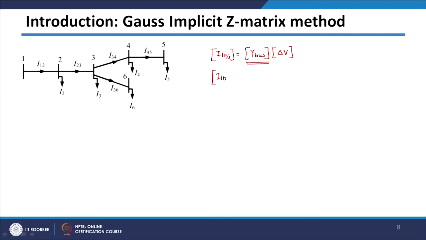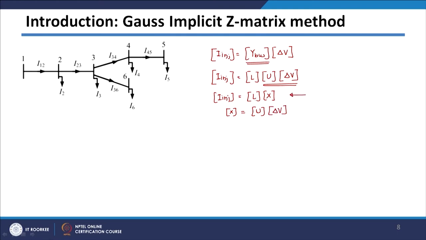So I injected will be equal to lower and upper triangular matrix multiplied by your delta V, and then this can be written as, now here U multiplied by delta V, I am writing it as a matrix X. So matrix X is U multiplied by your delta V. We know that L is a lower triangular matrix, and the I injected currents are known, because as I told you, these are just the negative of your load currents.